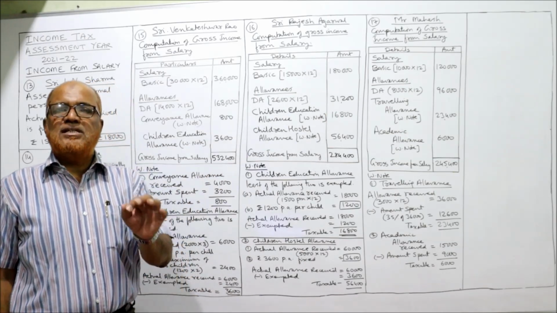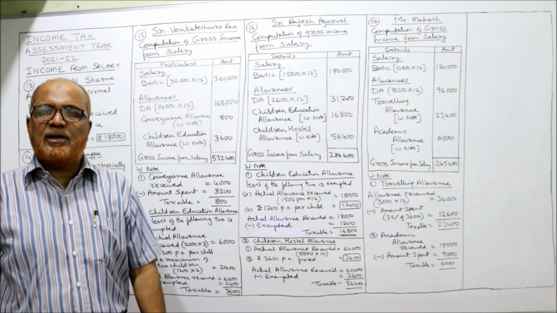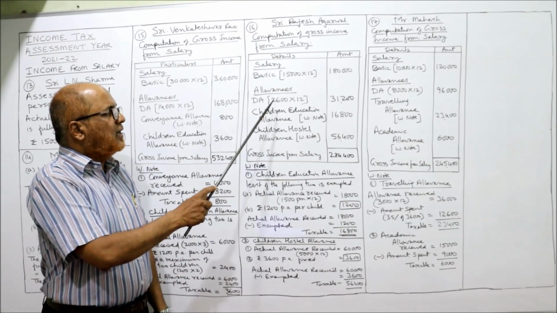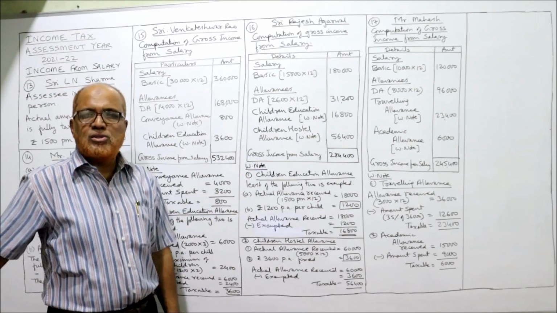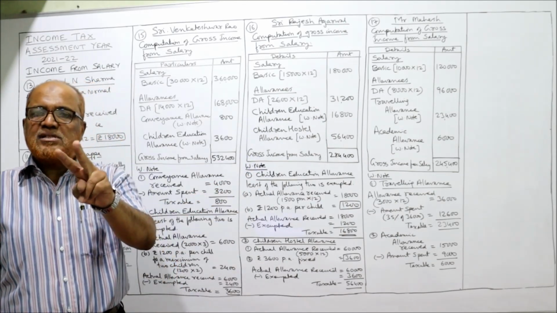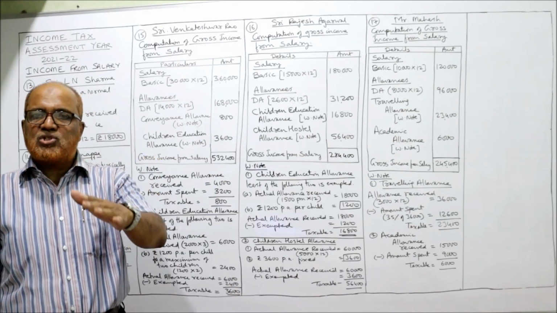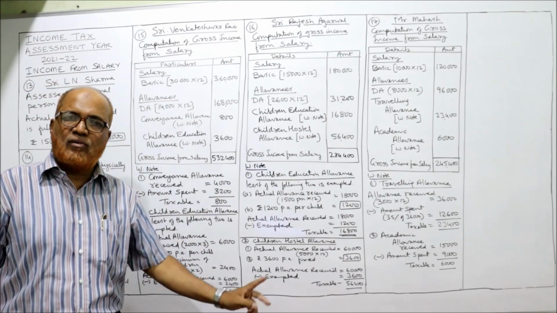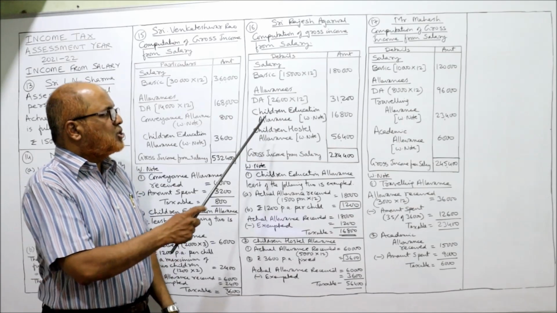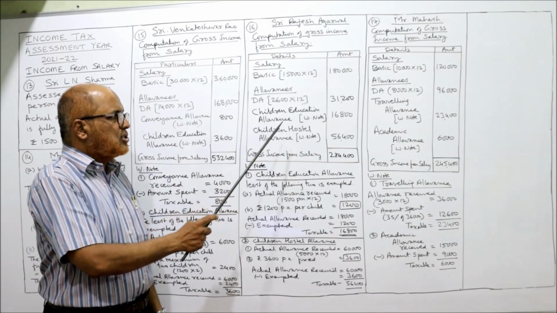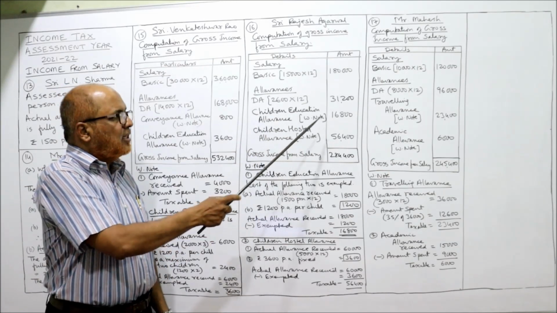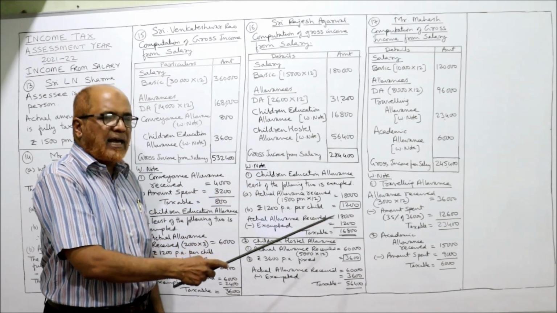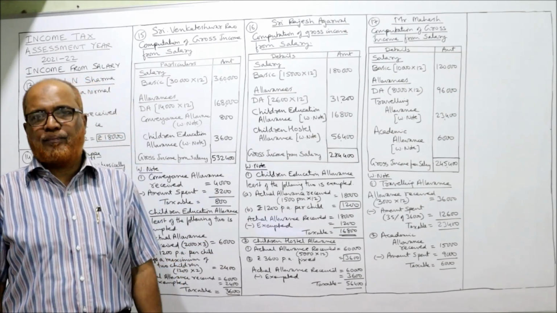Under allowances, DA is fully taxable, nothing to be done. Directly 2,600 into 12, 31,200. Now two more allowances are there, children education allowance and children hostel allowance. That we have to find out in working notes. These amounts we will get only after calculating in the working notes.